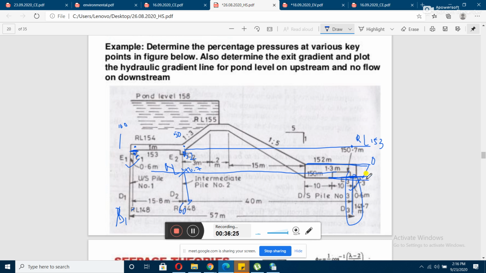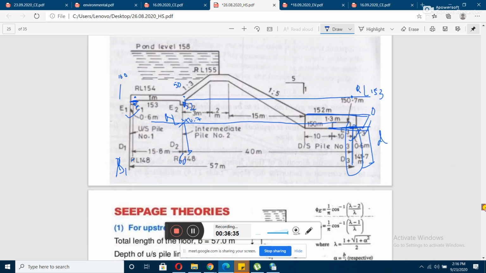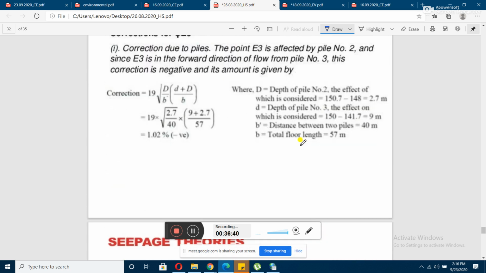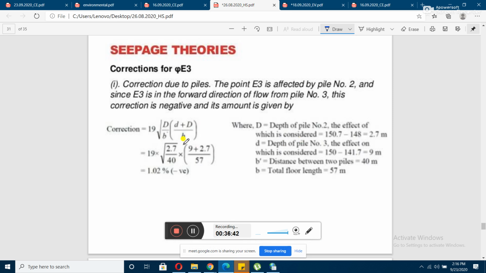We will be taking it from this point. So it turns out to be 150 minus 141.7, so your small d turns out to be this value for this particular pile. So we can easily get the value of the correction required for this part, for the phi E3 value. This will be a negative correction because the influential pile is on the upstream side, right? So this one will be negative. You can see that this is negative.